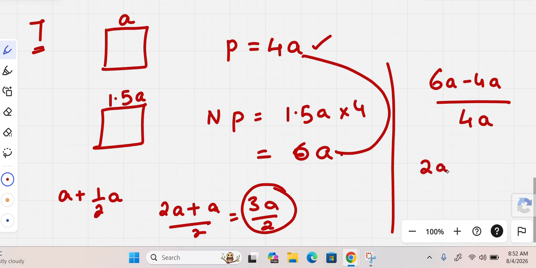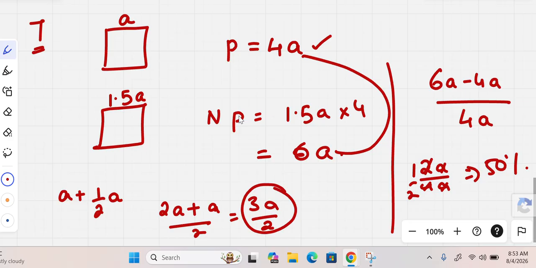So this is 2A by 4A, which is 1 by 2, which is 50% increase. For a percentage increase or decrease, you have to use the formula we learned in grade 8: difference between the old and new divided by the old.